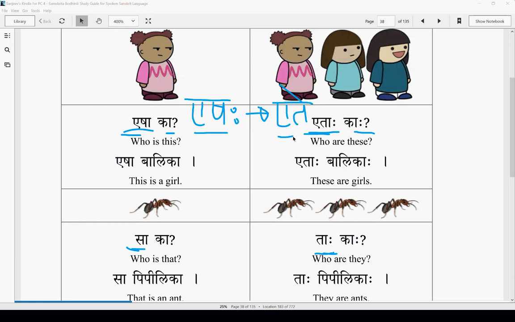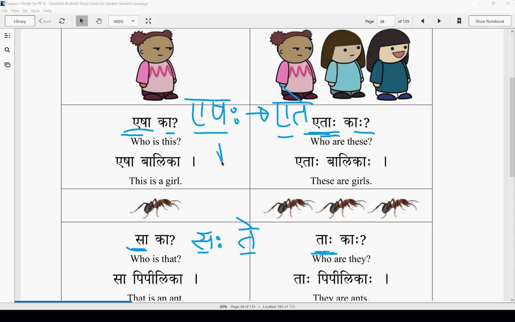Eshaha balakaha, ete balakaha. Saha balakaha, te balakaha. In strilingam there is not much difference. Sa changes to taha, not te.